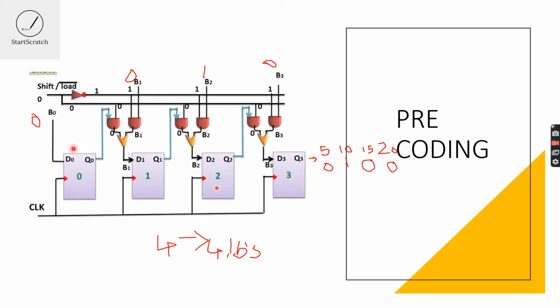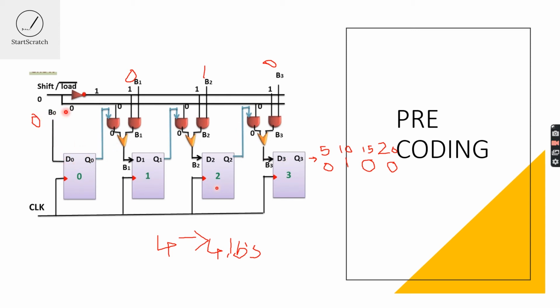In the load condition, the load will become 1, and when the load becomes 1, this AND gate will be in active state and this AND gate will be in deactive state, and the OR gate will just drive the values of these AND gate inputs only. In the load condition, B1 will be driven to here, B2 will be driven to here, B3 will be driven to here, and B0 is simply given as an input.